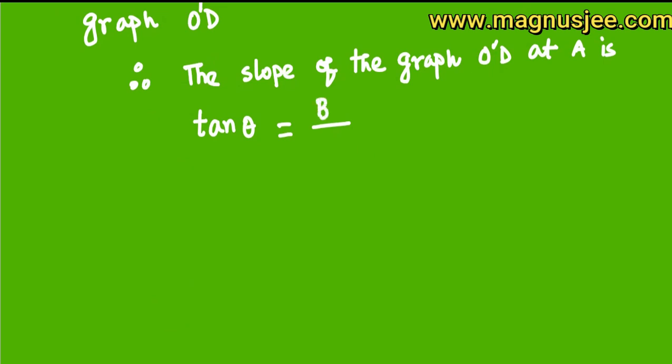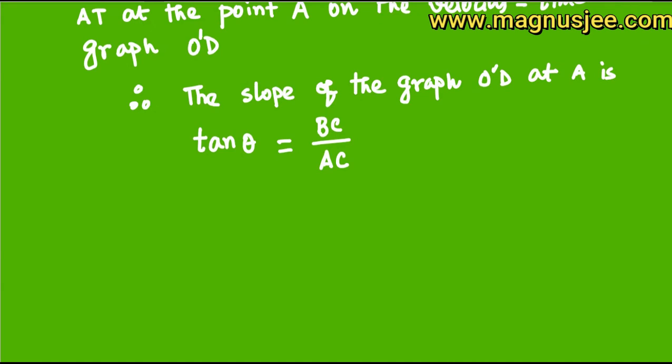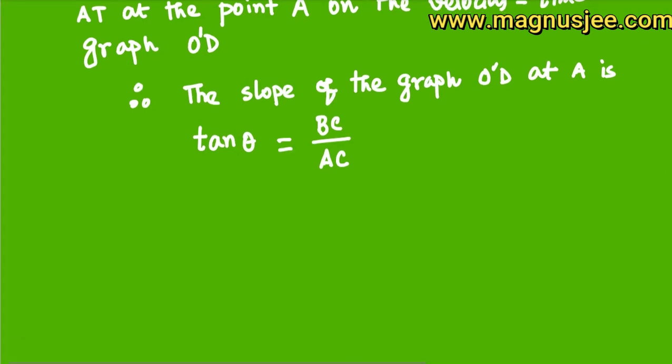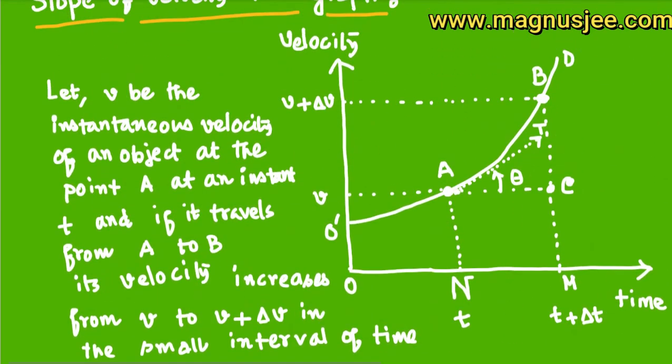In the right angle triangle ACB, tan theta means perpendicular, which is BC, by base, which is AC. So tan theta equals BC by AC.